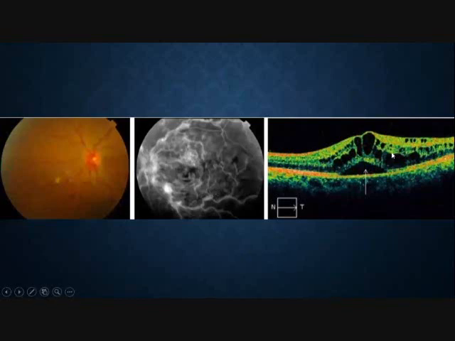As I was discussing, this is central retinal vein occlusion clinically, and fluorescein FFA, and this is OCT showing you subretinal fluid. These are cystoid spaces, the whole of the macular thickness is increased, and this is serous elevation of the retina. The retina has been separated from the underlying RPE.